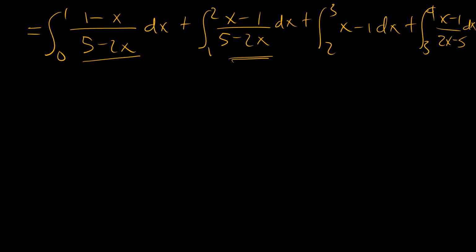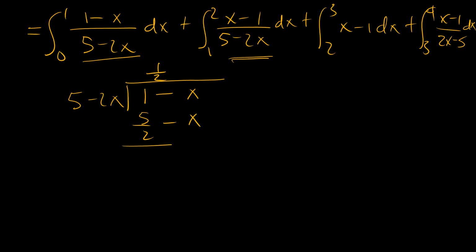So we can take advantage of long division here, since we have 1 minus x and we have 5 minus 2x multiplied by a half. We have 5 over 2 minus x, 0 here, and here 1 minus 5 over 2 is negative 3 over 2.